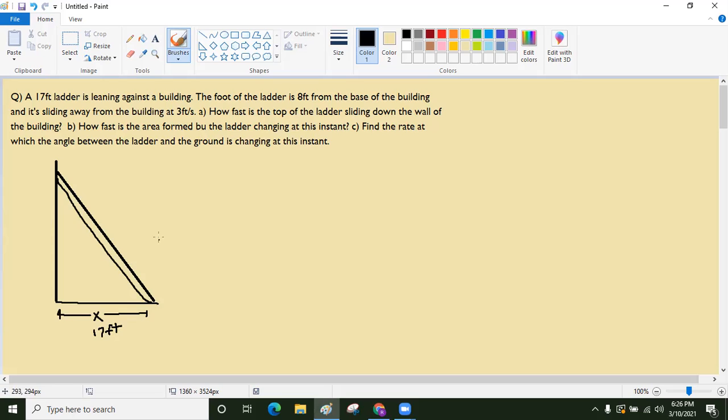And it's helpful to go off to the side and note down the things that we attain as we go. So really, what they've given us thus far is that x is actually equal to 17 feet. And it says that the base is sliding away from the building at 3 feet per second.